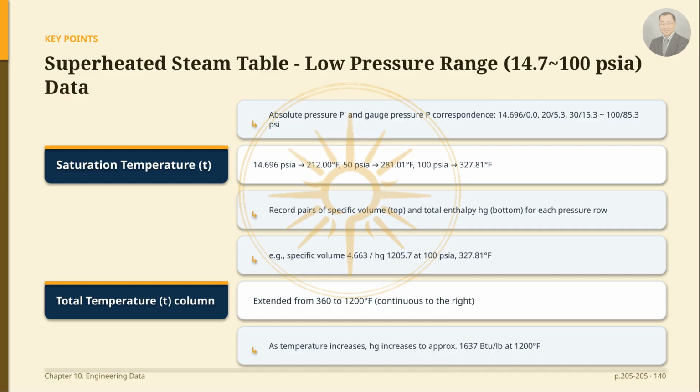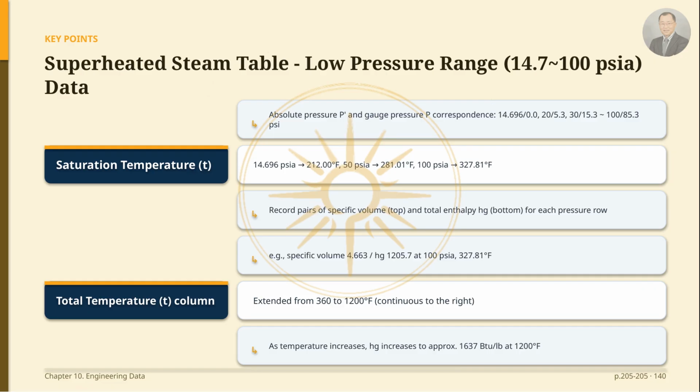At 100 Ia, the gauge pressure is 85.3 and the saturation temperature is 327.81 degrees. In each pressure row, the specific volume is listed on top and the total heat, Hg, is listed below as a pair.